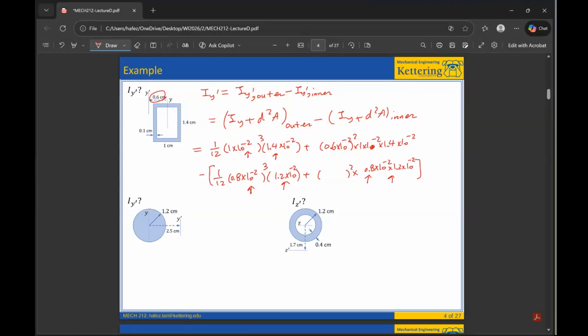And let's confirm this cubic. So we said perpendicular to y, and that should be this direction. So it's 0.8. Indeed, that should be cubed. And the offset remains at 0.6 centimeters.